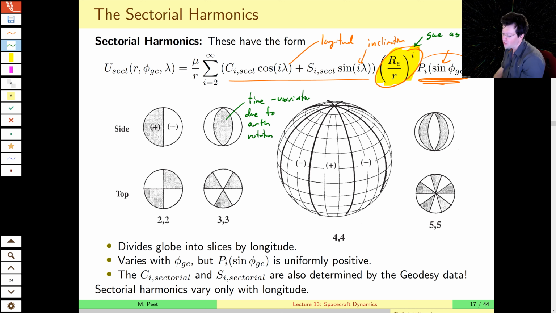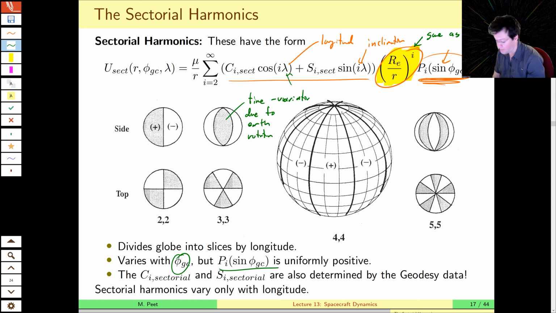Because if we convert back to ECI, the latitude of a point will change with time. So they do vary with latitude, but that term is uniformly positive, and so it's just a magnitude variation in this case.